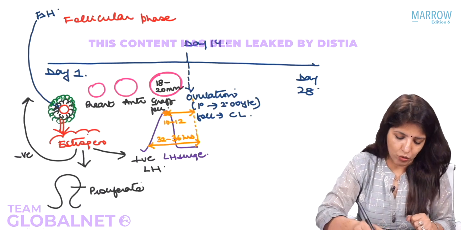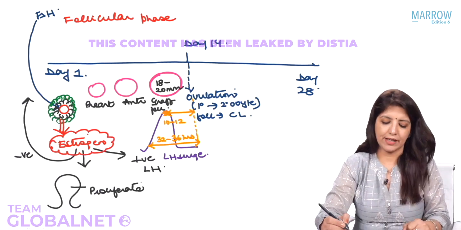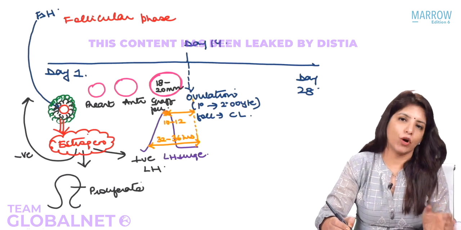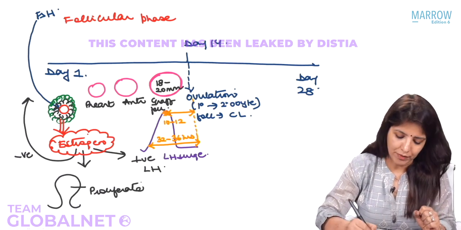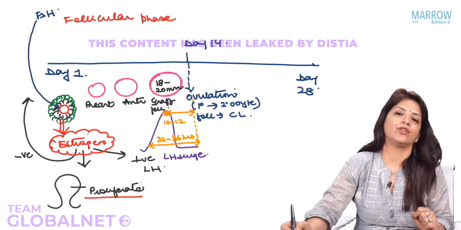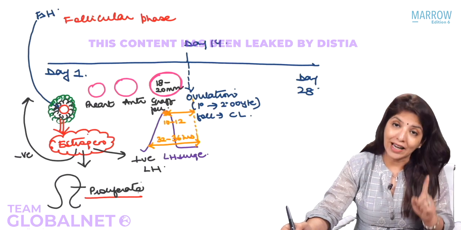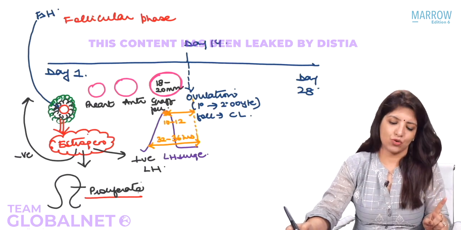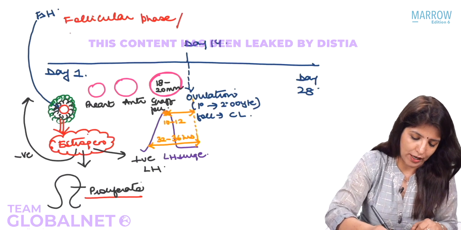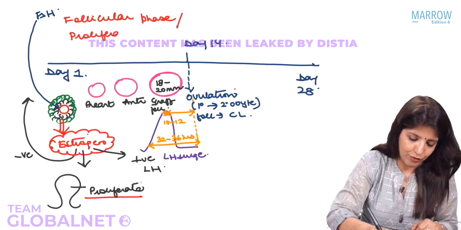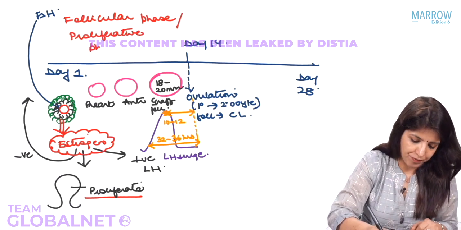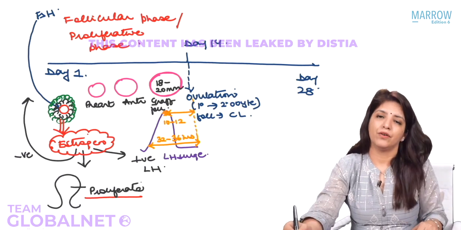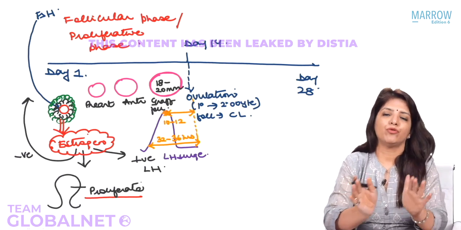The main hormone is estrogen. And what is estrogen doing to the endometrium? Estrogen is proliferating the endometrium. That is why the first half of the menstrual cycle is also called the proliferative phase. Right? So this was about the first half.